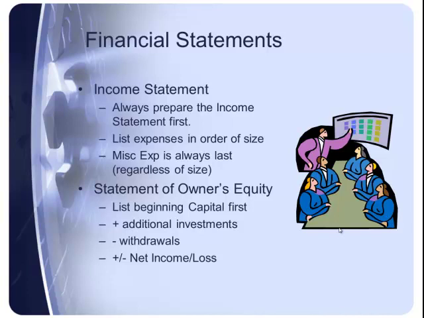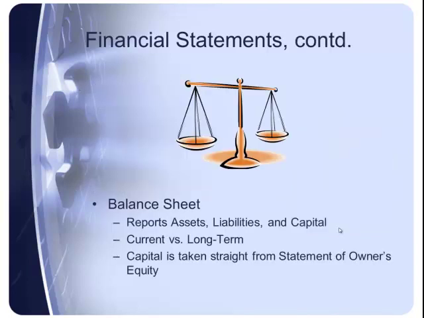So we get ending capital, and that's going to flow through to the balance sheet. The last one we prepare in this class is the balance sheet. It's basically the accounting equation, assets on one side, liabilities and equity on the other. Add up all the assets and get a total, add up liabilities and the number from the equity statement and get a total, and compare the two.